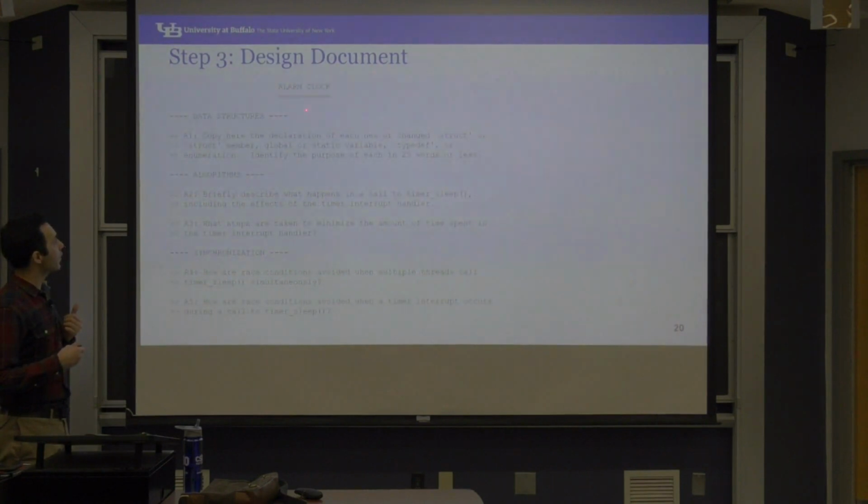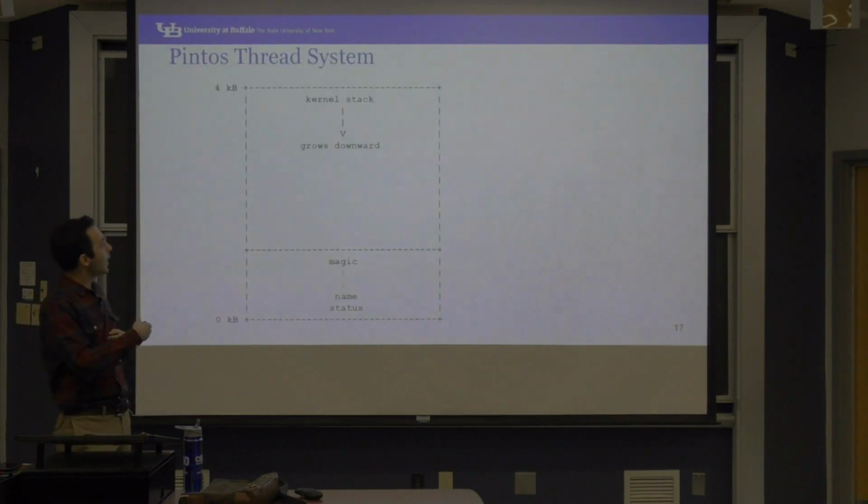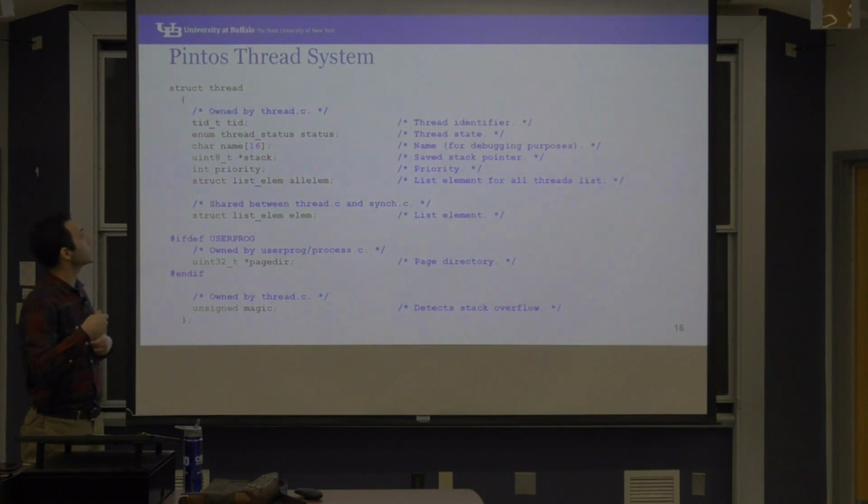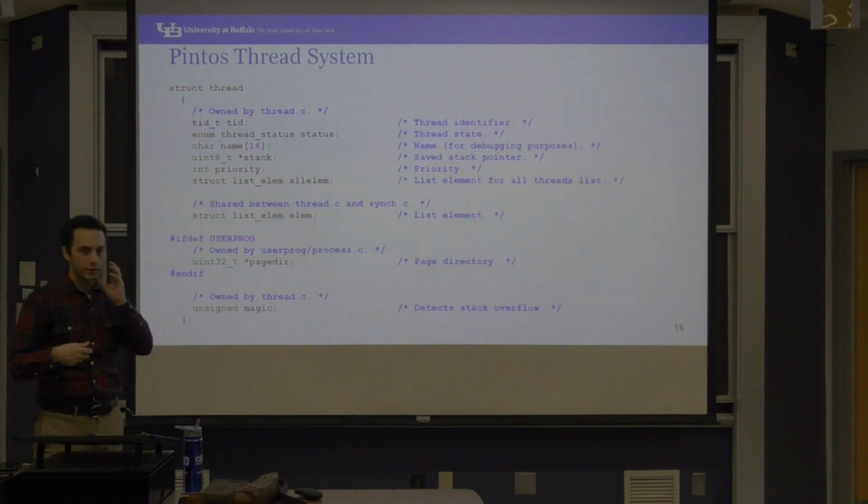So for example, for the alarm clock piece, it goes like, copy here the declaration of each new or changed struct or struct member, global or static variable, typedef, enumeration, right? So in this thread struct, you're probably going to define a lot of things. You're going to define variables like integers, or you might even define structs here. You might define a separate struct somewhere else, right?